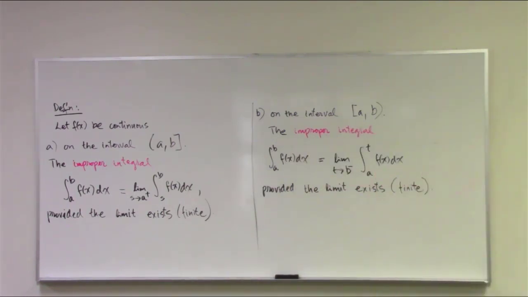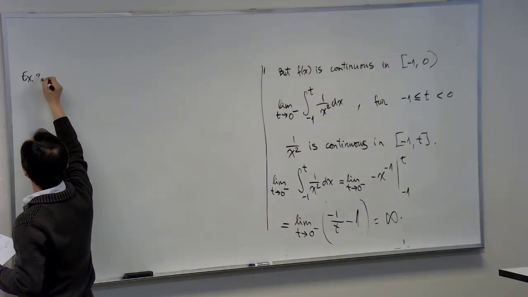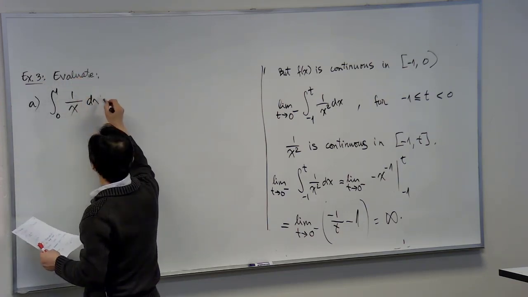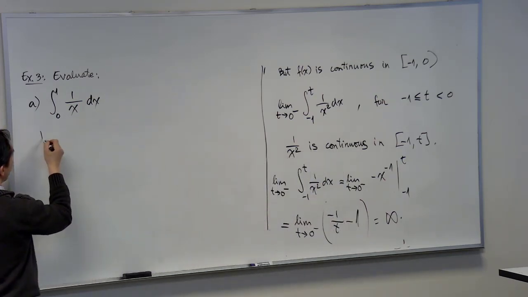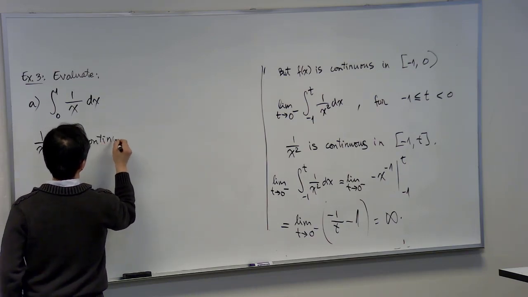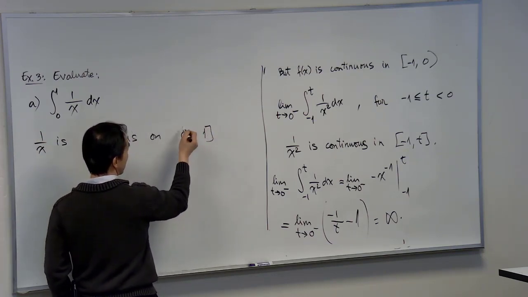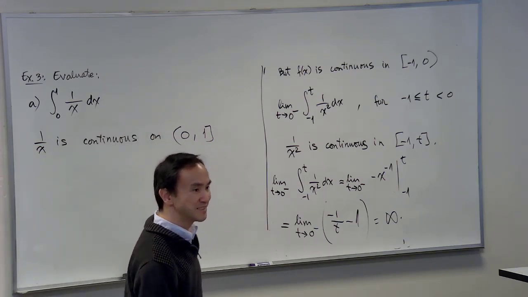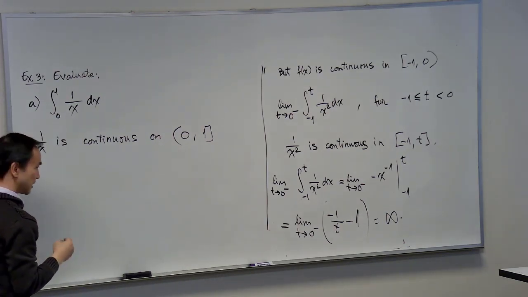Let's look at an example. We're calling that example 3. We want to evaluate the integral from 0 to 1 of 1 over x dx. You can note that 1 over x is continuous at 1, but it's not continuous at 0. That's why we have a half open interval, and this falls into case A of the definition.